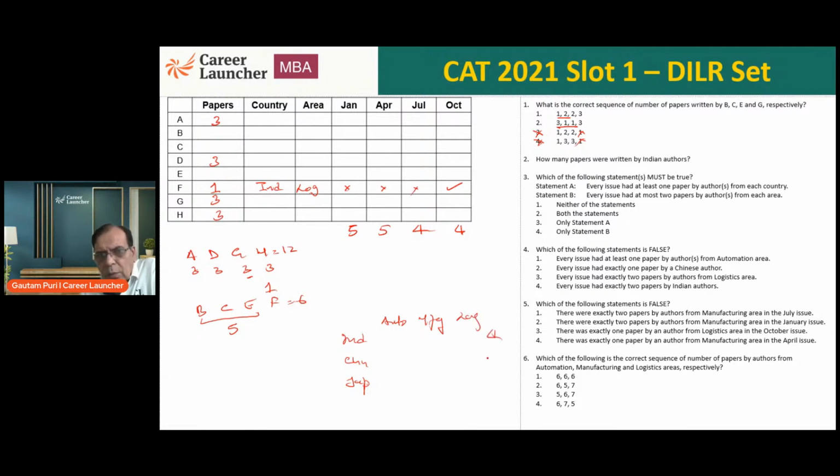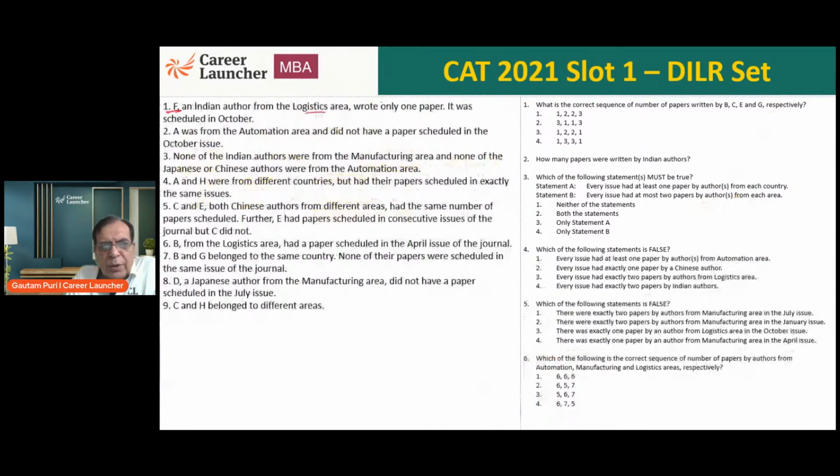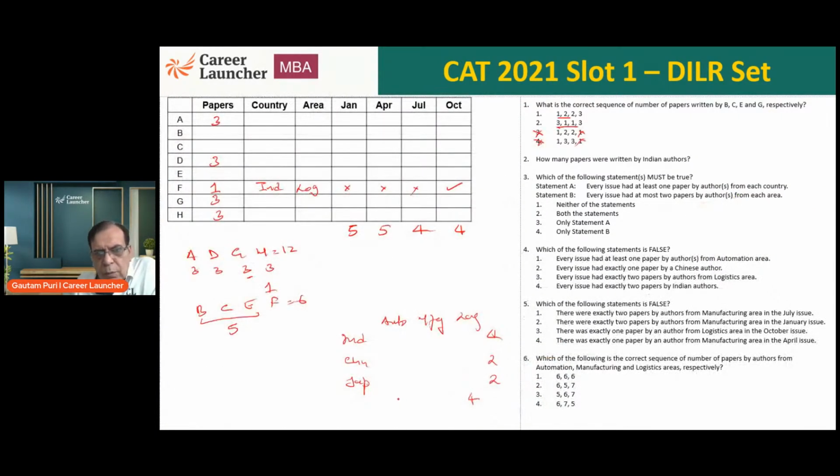India is 4, Japan 2, China 2. Similarly, logistics was 4 if I remember correctly. Let me confirm: yes, 4 of the authors are from logistics, and the other 2 are 2 each. So 4, 2, and 2. Okay, so total 8.